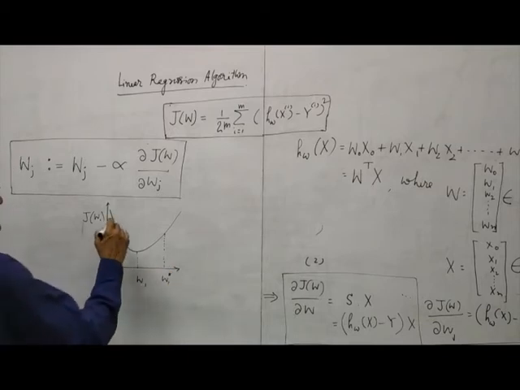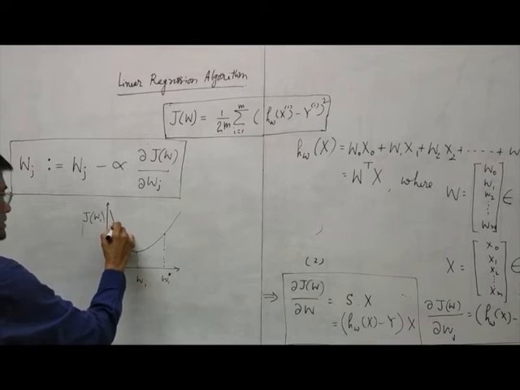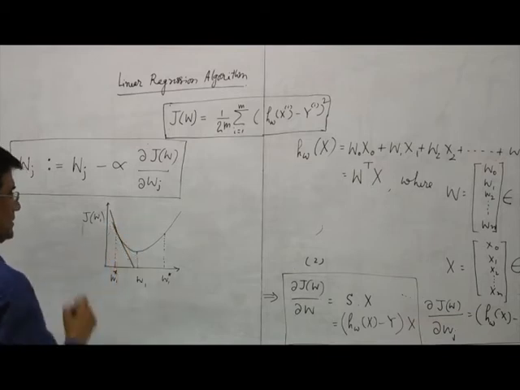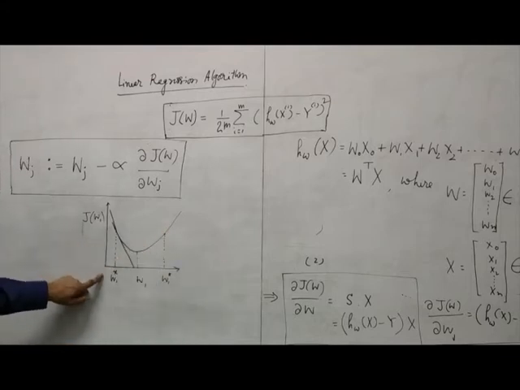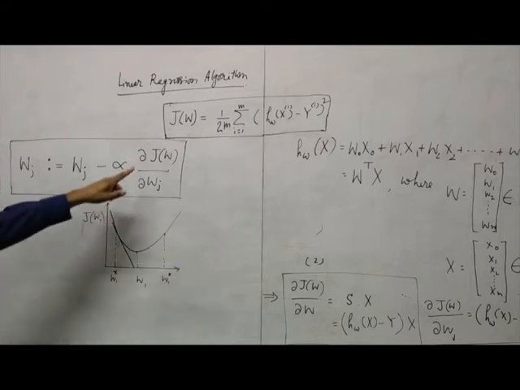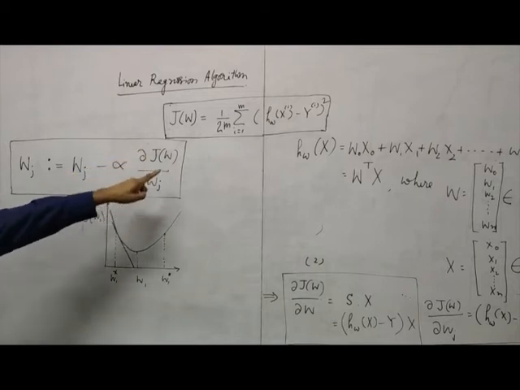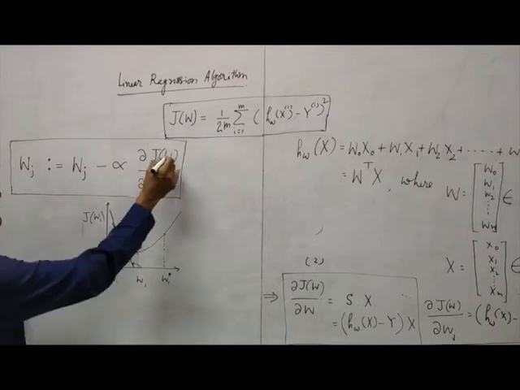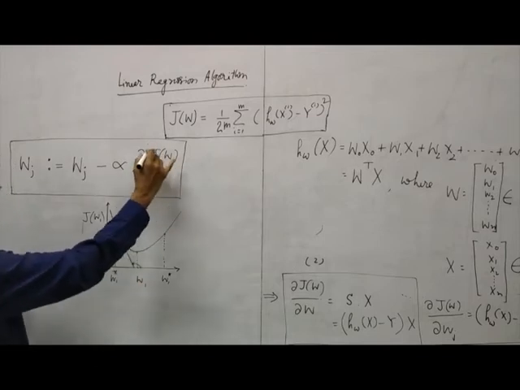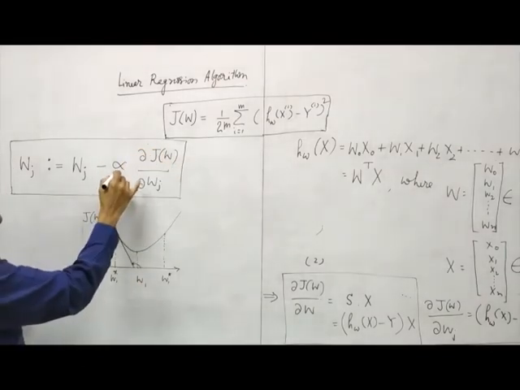And what is the derivative? The derivative is actually the tangent at that point. If you are here, since this is an obtuse angle, this part is negative definite, and it is multiplied by alpha.